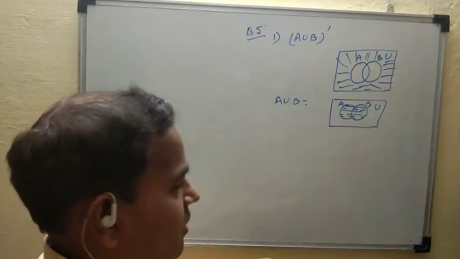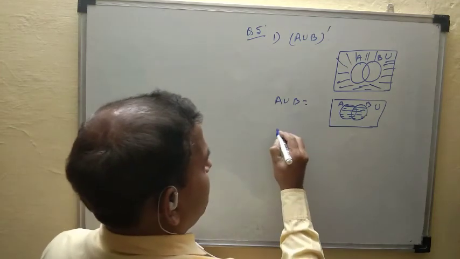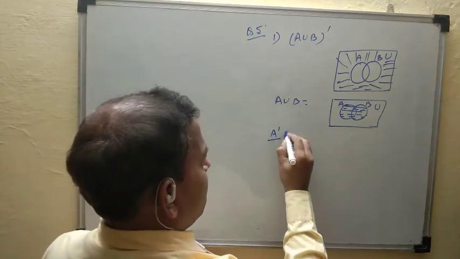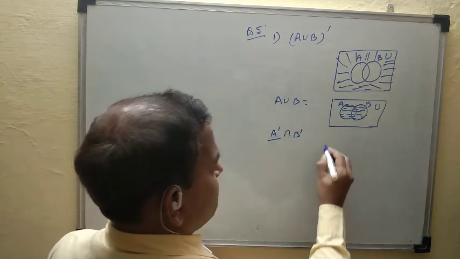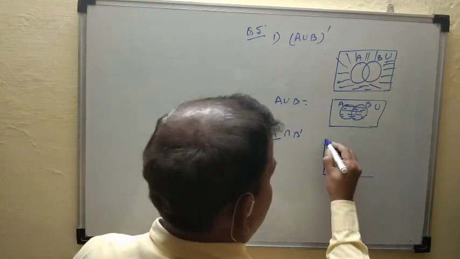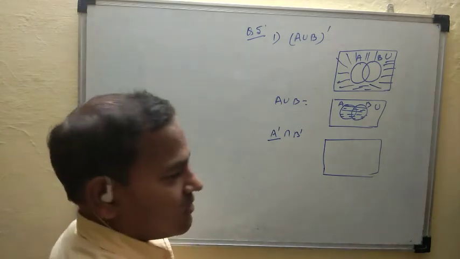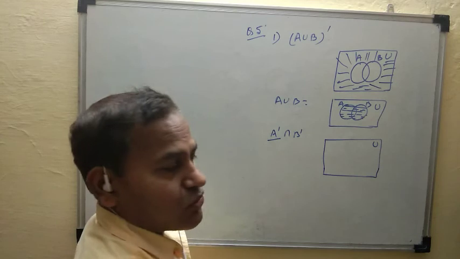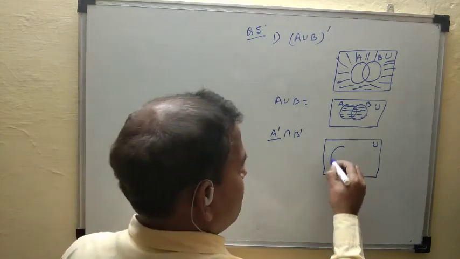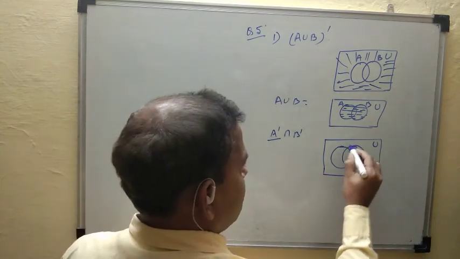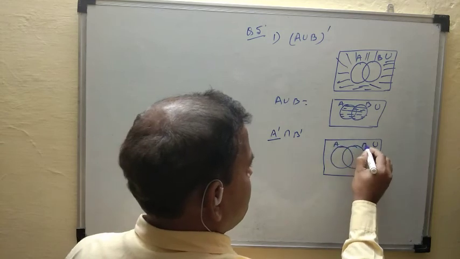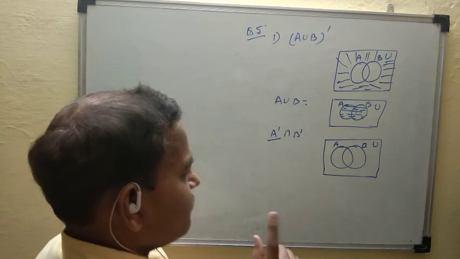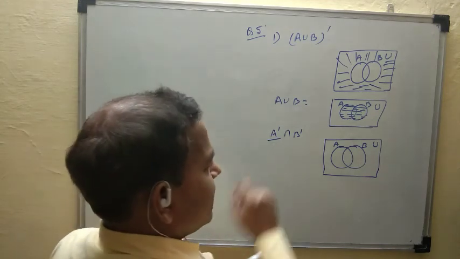Similarly, draw A complement intersection B complement. Now the Venn diagram of A complement intersection B complement. First draw a rectangle, the universal set U, and this is set A and set B. First we draw the Venn diagram of A dash.